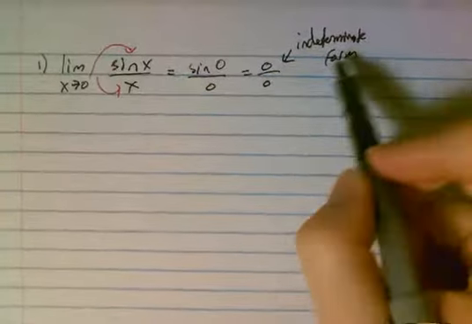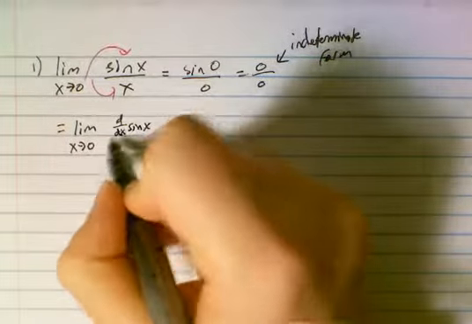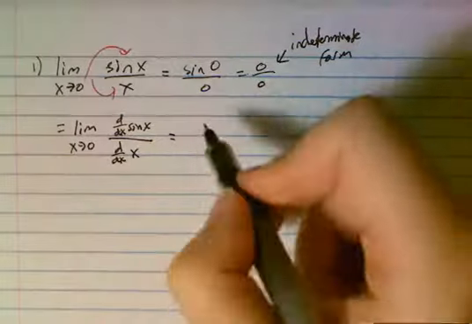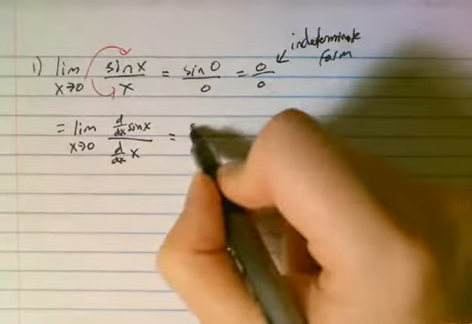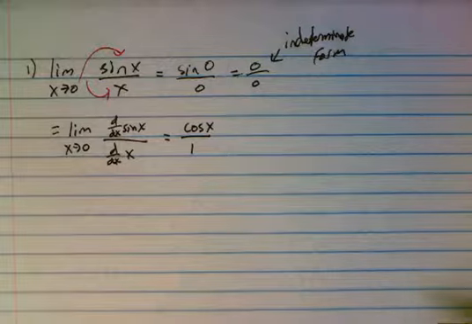So what I'm going to do is I'm just going to say that this is the same as the limit as x approaches 0 of the derivative of sine of x over the derivative of x. So the derivative of sine of x is cosine of x. The derivative of x is 1. And now, whoops, I should have a limit still written in there.